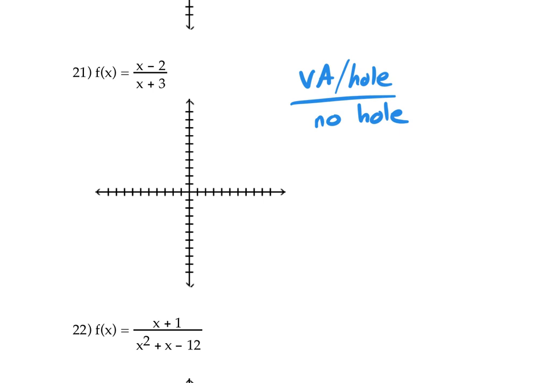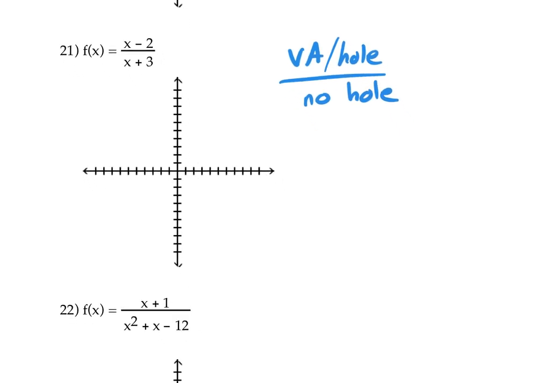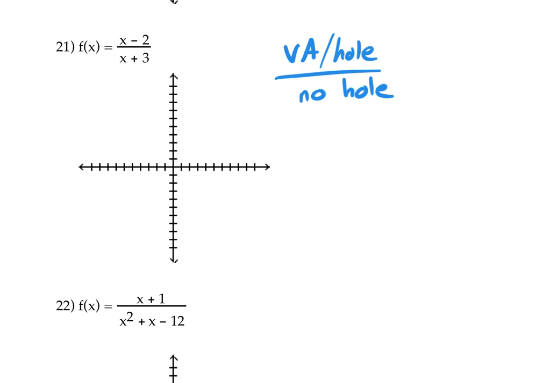And as we talked about on the notes when we did this lesson, we don't have holes very often because very seldom do you have a common factor on top and bottom. But if you do, we got to put a hole into the graph. My vertical asymptote would be x equals -3. We're going to set the denominator equal to 0. And it's just a one-step equation in this case.